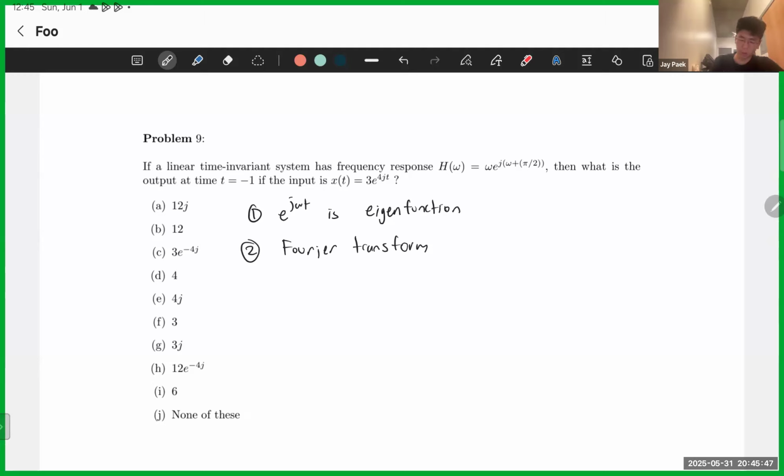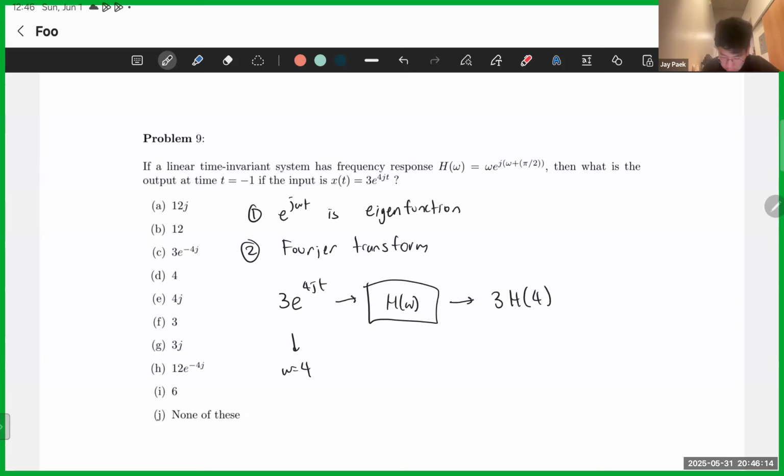So what I want to say here is that if I input x of t, if I input 3 e to the 4jt into an LTI system, then observe that this has omega equal to 4. And so my output will literally just be h of 4 e to the 4jt.